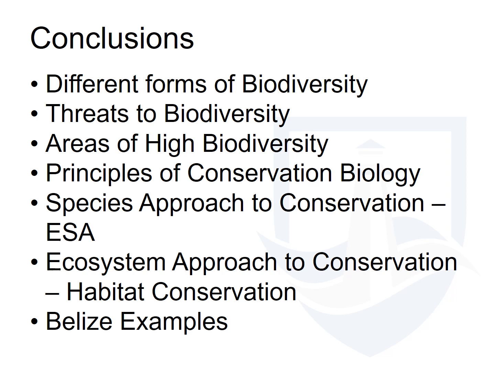We looked at the basic principles of conservation biology, including metapopulations and island biogeography theory, and then how that's used for conservation. We especially focused on the species approach, the Endangered Species Act, and the ecosystem approach through habitat conservation, federal government or private or state government, and I used a couple of Belize examples.